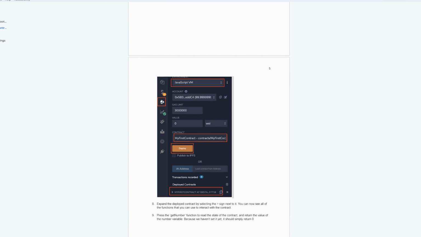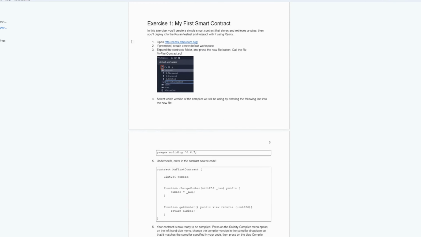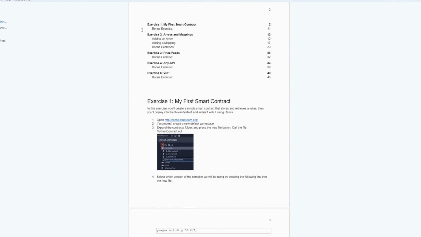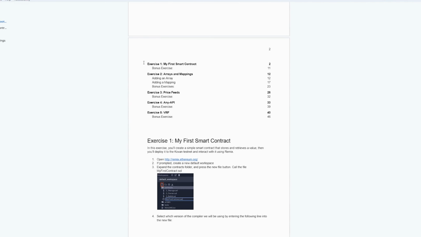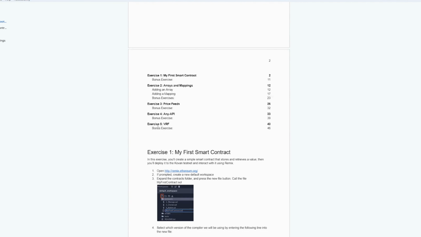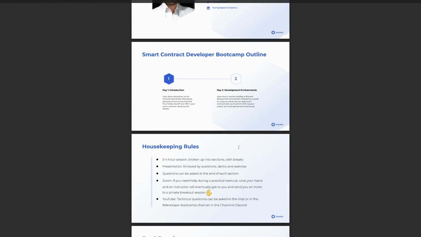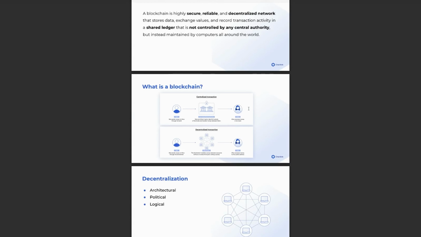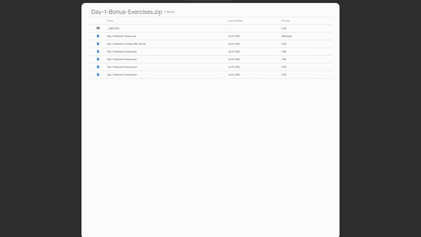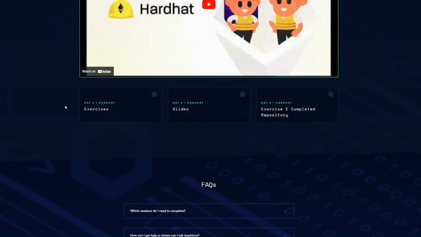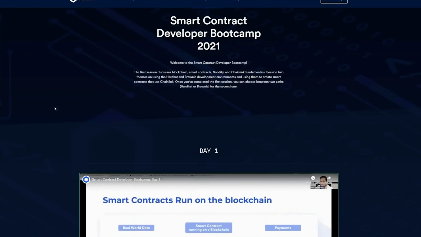So if I were to actually go at the top here, I have these exercises pulled up. You can see that there are about 5 exercises for the day 1 of the developer boot camp. There's about 91 slides in this slideshow, so it's very comprehensive. And then there's about 5 bonus exercises as well included. The developer bootcamp is 2 days long.